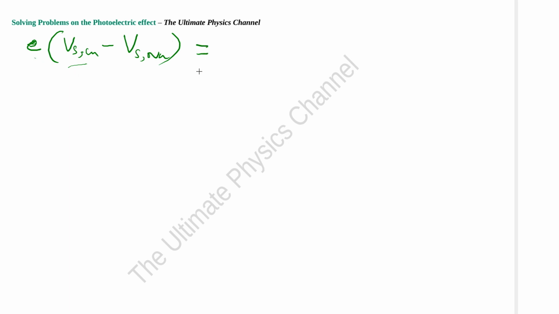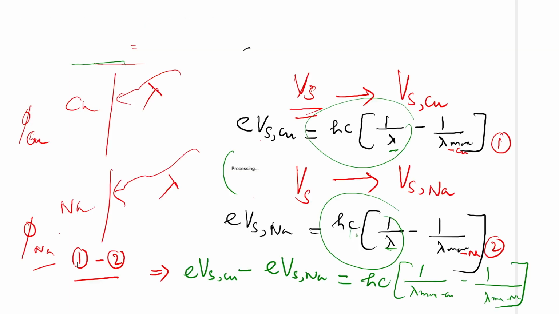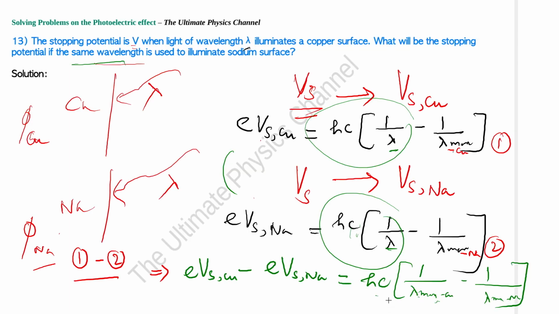On the right hand side, even if you don't take the hc outside and keep the hc inside the square brackets, we get phi of Cu minus phi of Na.